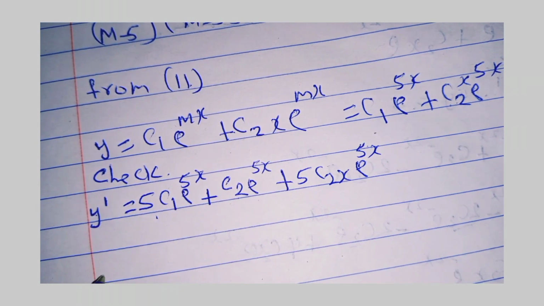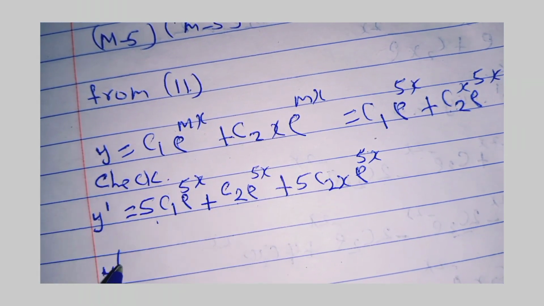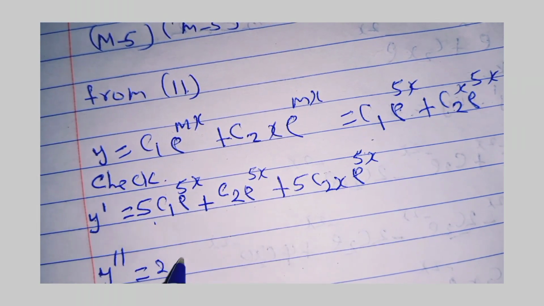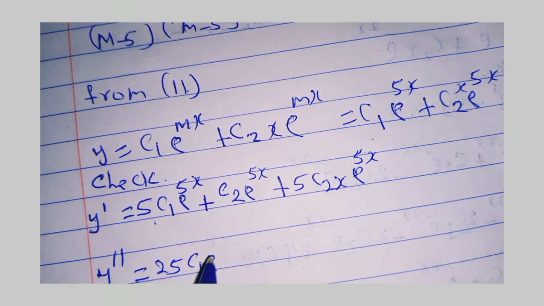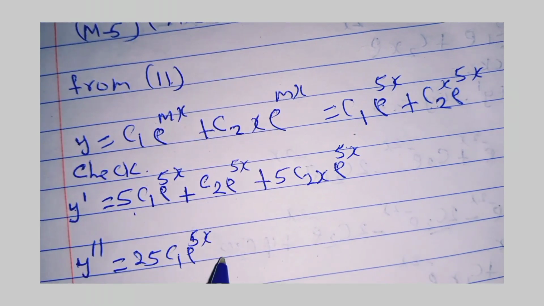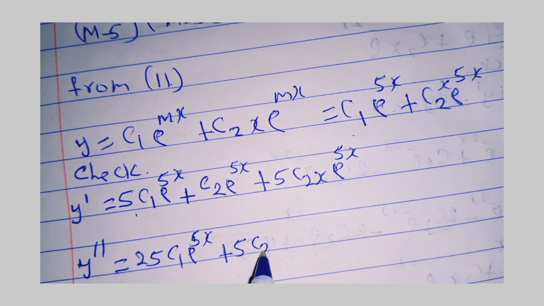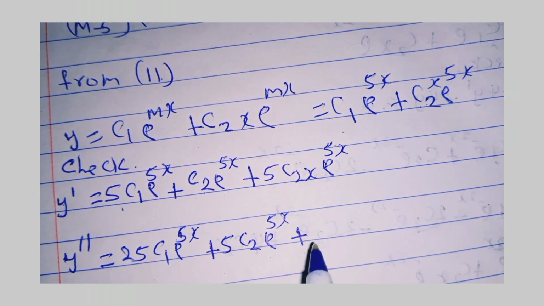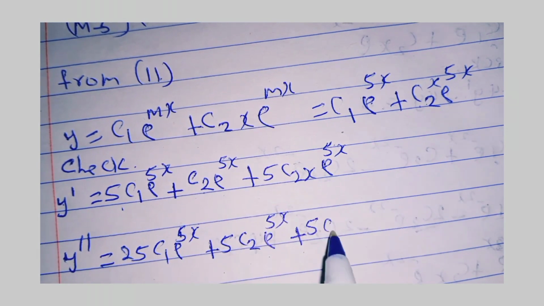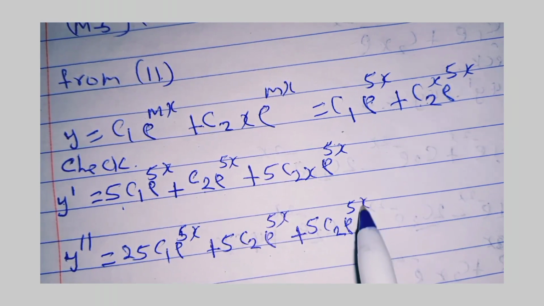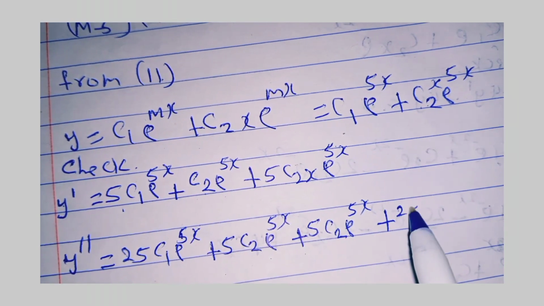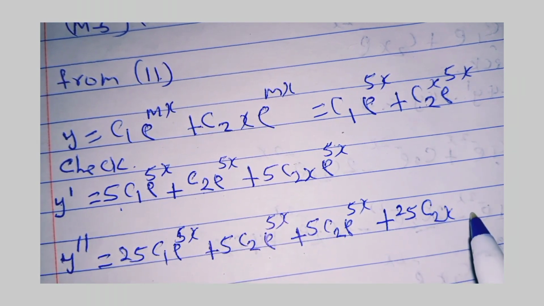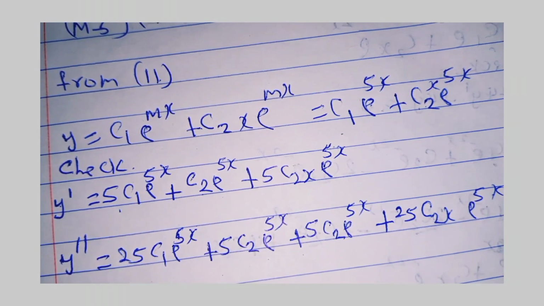Then next we have y double prime, which is equal to, this will give you 25 c1 exponential 5x plus 5 c2 exponential 5x plus 5 c2 exponential 5x plus 25 c2x exponential 5x.